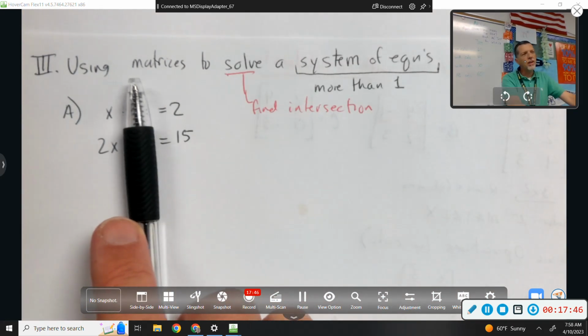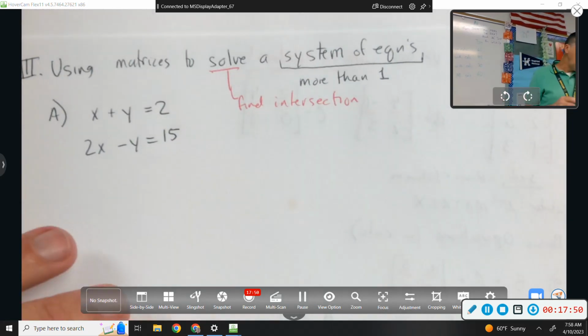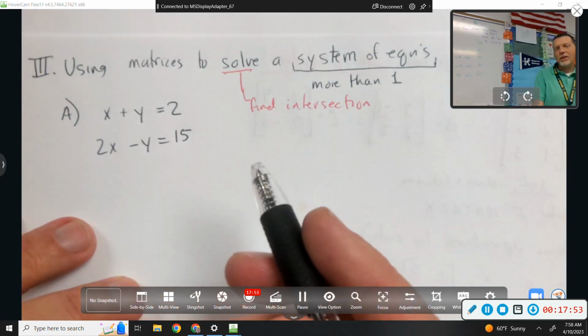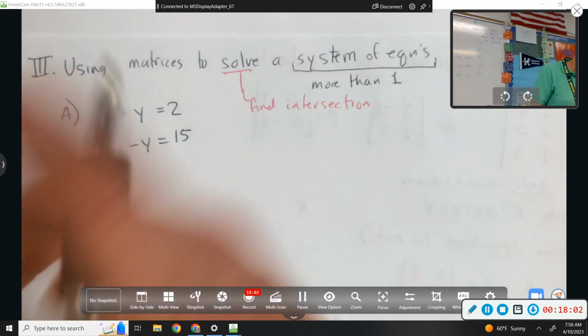Those are all easy and fine. Matrices become helpful when you get a whole lot of equations. So let's look at how to do it with a 2x2, even though there might be better methods with two equations. But later, matrices are the way to go.